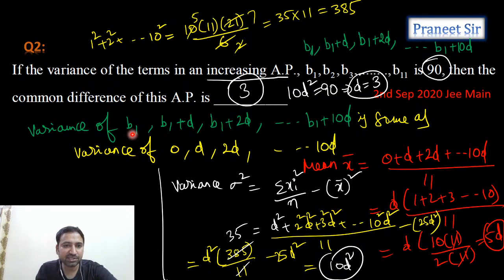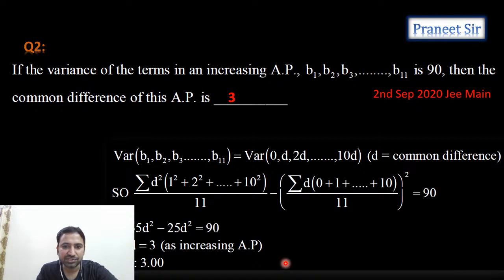From each and every observation I subtracted B1, so I got these observations. For these observations I calculated the variance. Finally I got 10D square. So this 10D square I am equating to 90. Then I am getting the result. Correct? Perfect. Right. Let's move to the next one, guys.